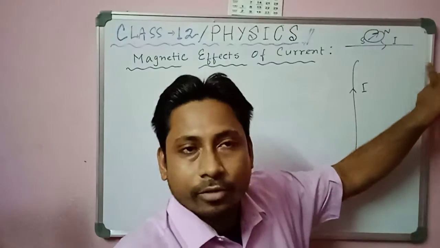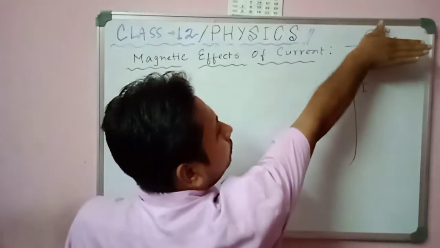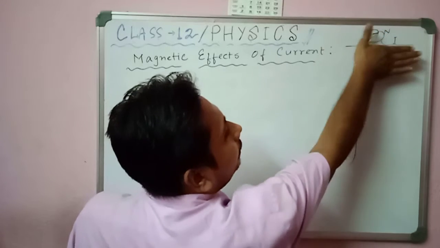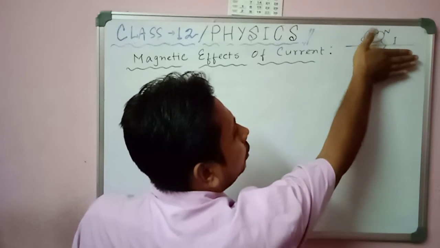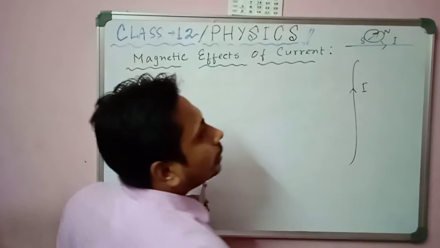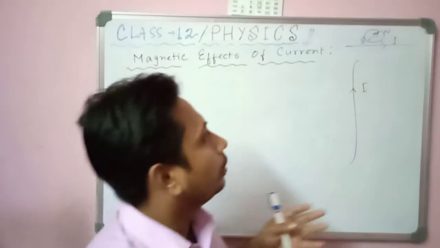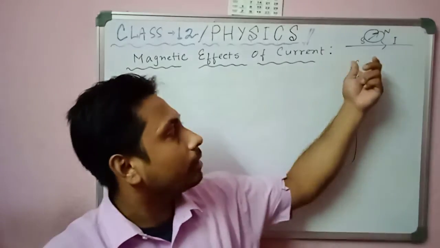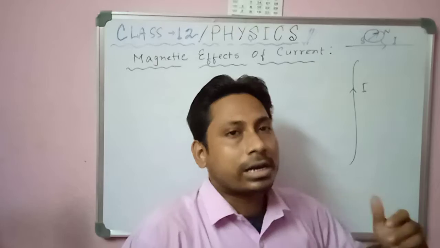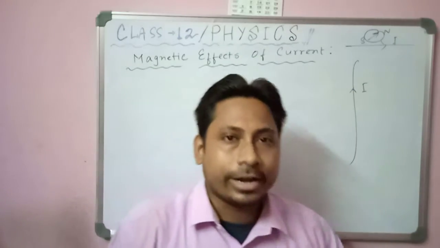It will actually slightly tilt. So by the use of a compass, you can conclude that the current carrying wire produces a magnetic field round it.